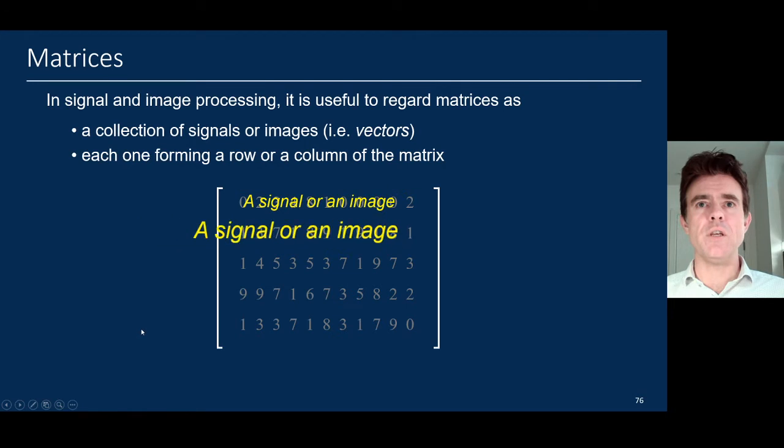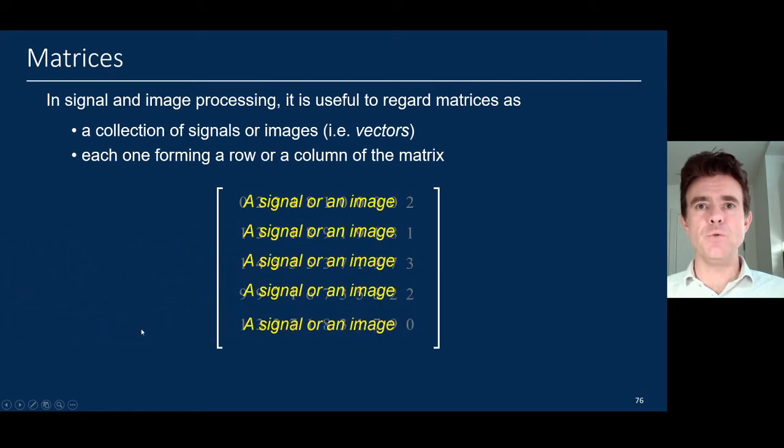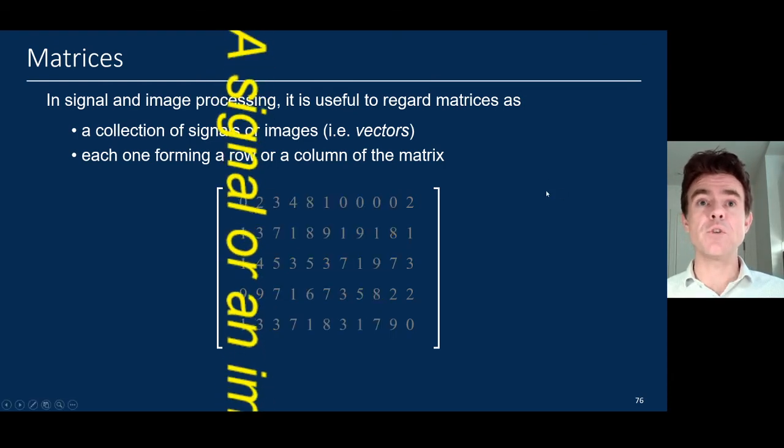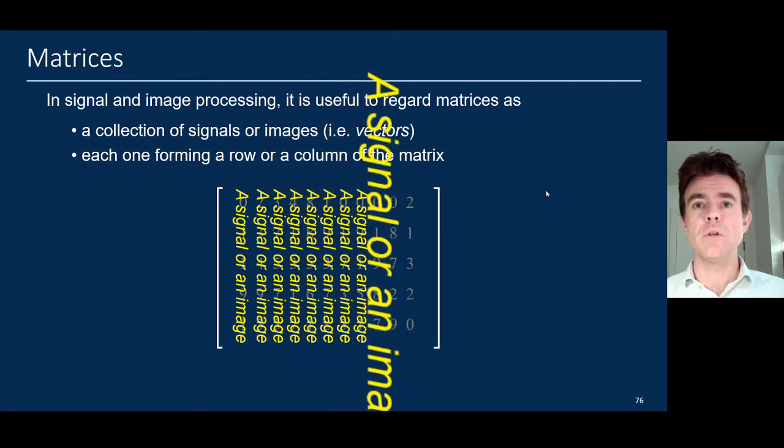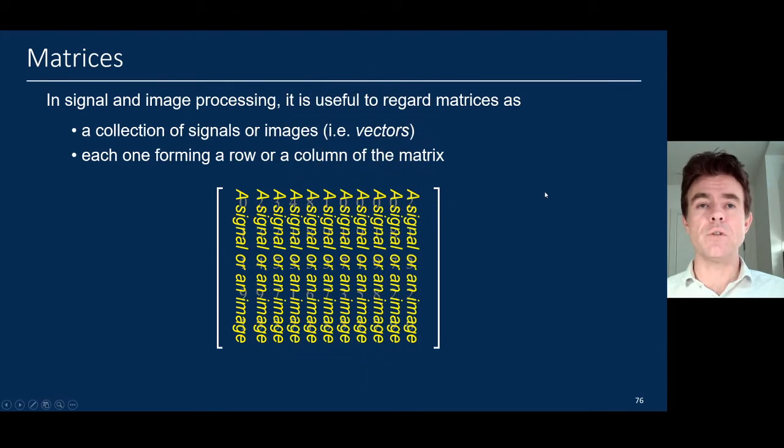So what we're going to say is that each of the rows of a matrix is a vector. So therefore that could be a sampled signal or a sampled image just unrolled into one long line of numbers. Or indeed the columns could also be regarded as vectors. Okay, so again that's just a list of numbers just stacked in a column.